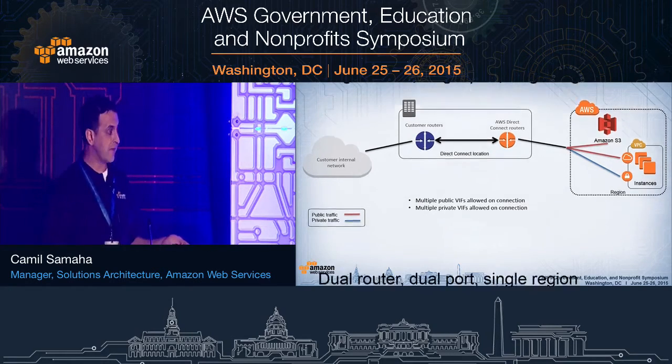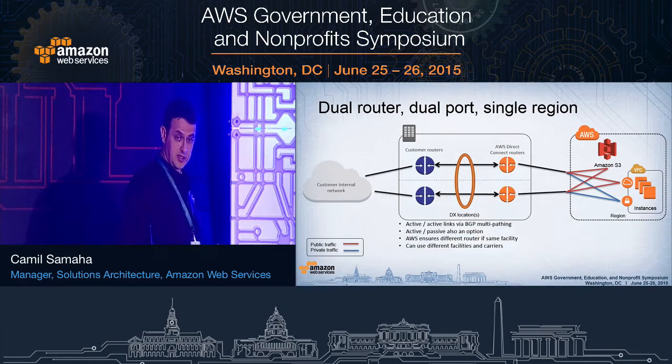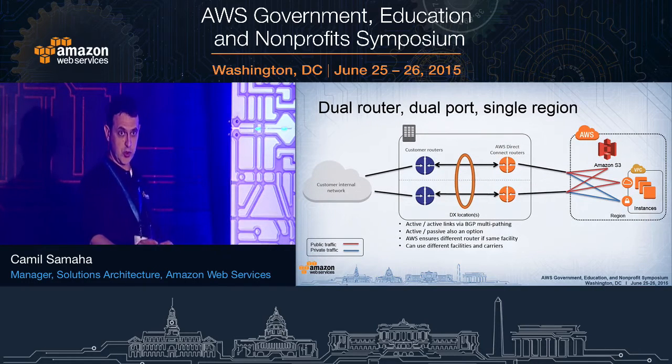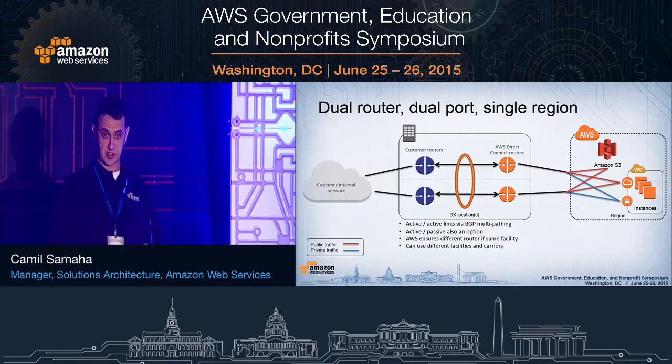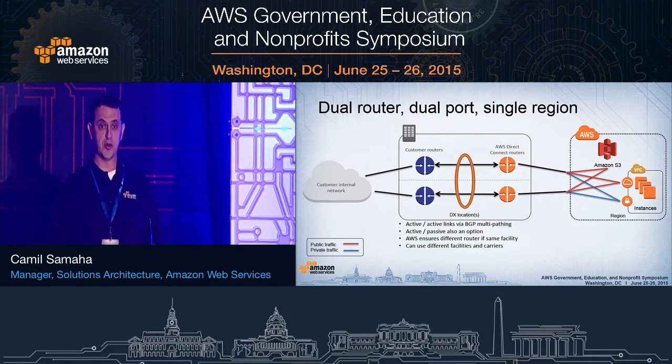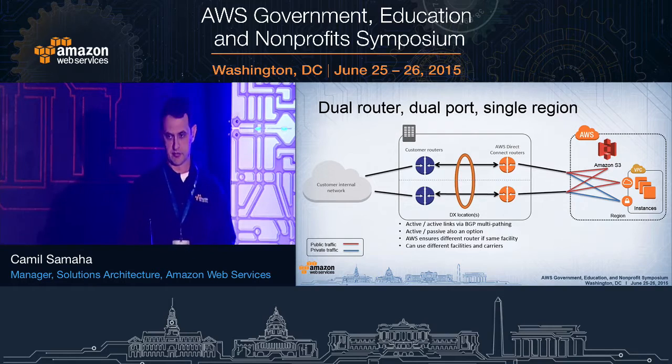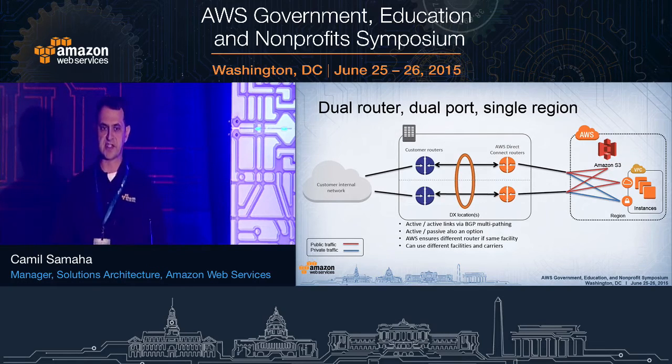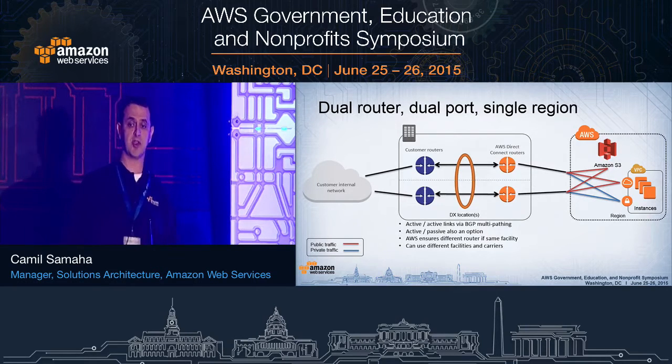Now, if you're looking for redundancy, you can use two routers, dual port, in a single region. And when you do so, our service identifies that you are the same customer, and we make sure that you do terminate those connections into separate AWS physical routers.